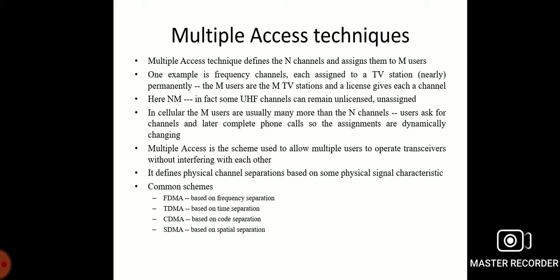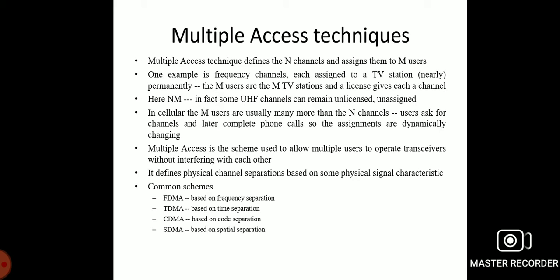So the simplex channels consist of a forward and a reverse channel, and hence each duplex channel consists of two simplex channels. These forward and reverse channels are separated by a frequency band in the entire system. On the other hand, time division duplexing, known as TDD, makes use of time instead of frequency to have the same forward and reverse channels.